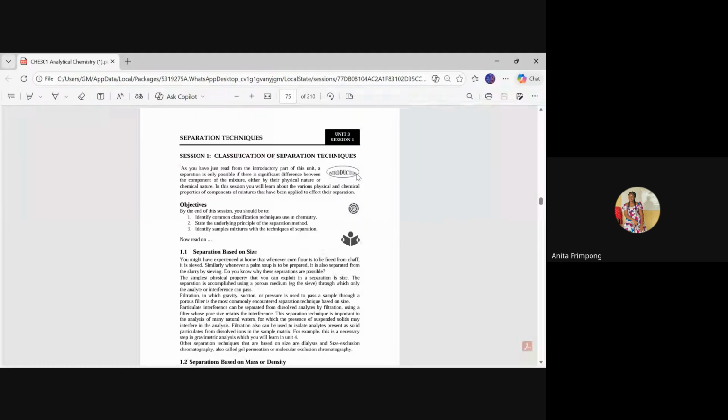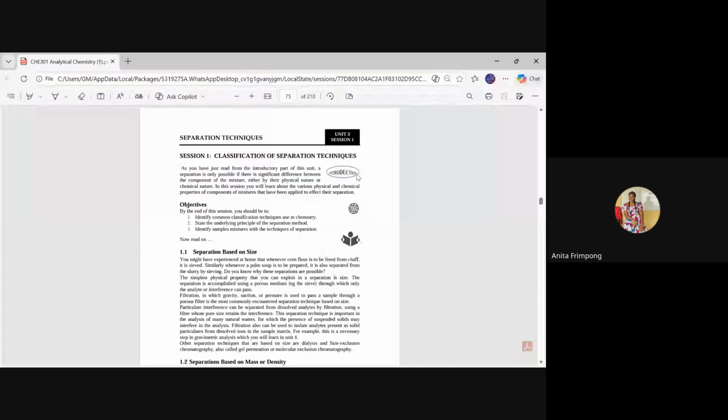The simplest physical property that you can exploit in a separation is size. The separation is accomplished using a porous medium, that's the sieve, through which only the analyte or interference can pass. Filtration, in which gravity, suction, or pressure is used to pass a sample through a porous filter, is the most commonly encountered separation technique based on size.